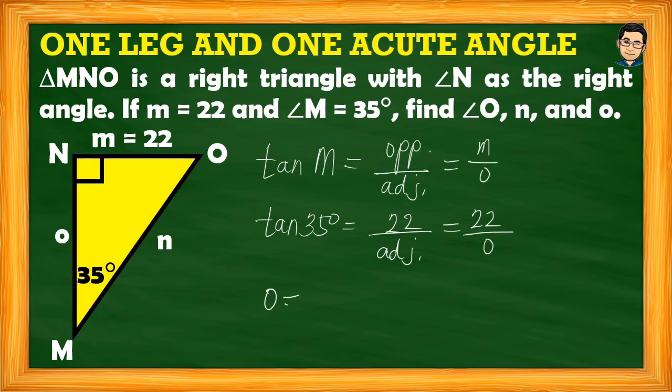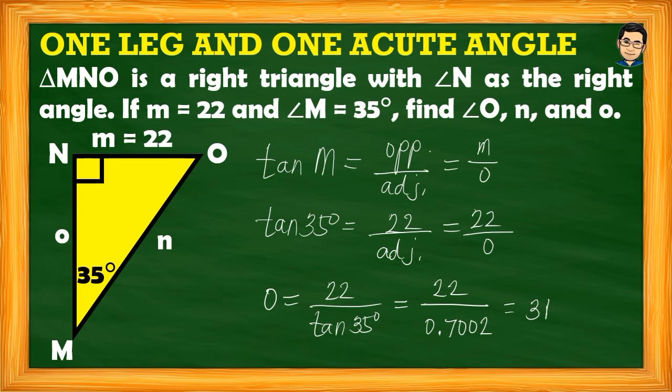O is equal to 22 over tangent 35 degrees equals 22 over the value of tangent 35 degrees, that is 0.7702, and then 22 divided by tangent 35, we will get 31.42.